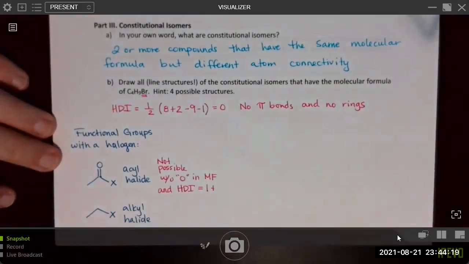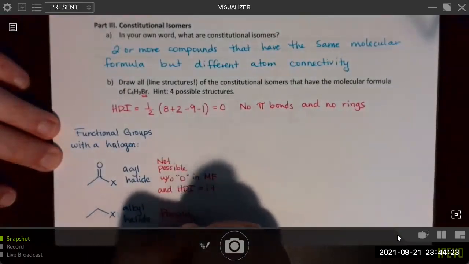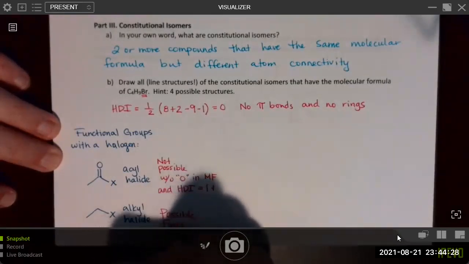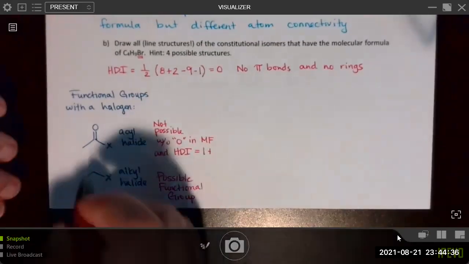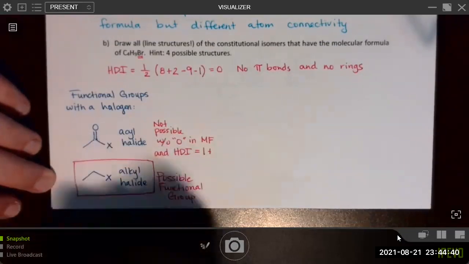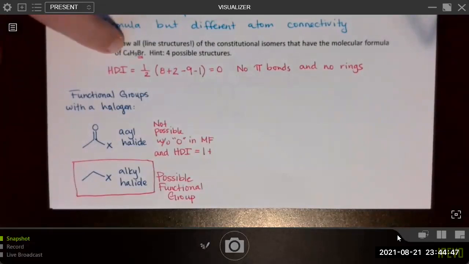And so the alkyl halide is the only possible functional group that we can think of when we're trying to draw our constitutional isomers.